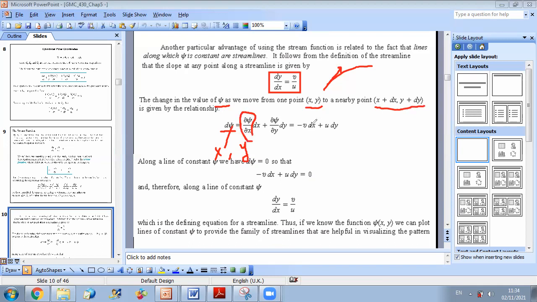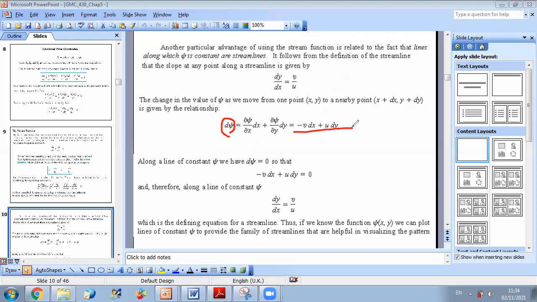We defined v as minus del psi by del x. So we can replace del psi by del x by minus v. And we can replace del psi by del y by u, because from definition, the stream function psi is defined in a way that u is del psi by del y and v is minus del psi by del x. So we can say then that the change in the value of psi is equal to minus v dx plus u dy.